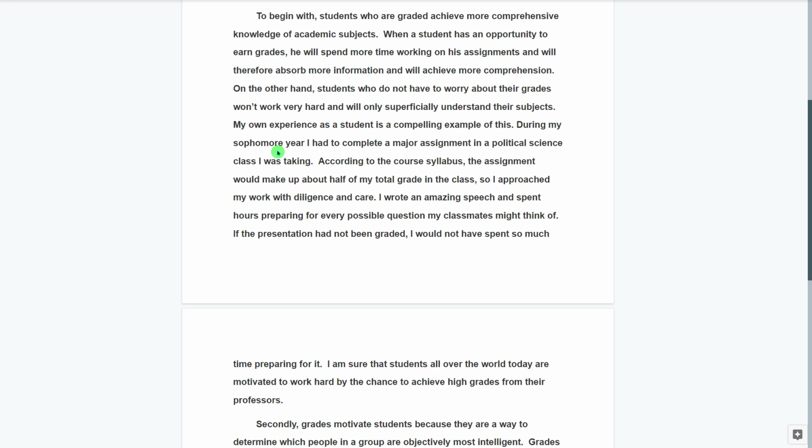I could have said during my junior year, or I could have even said in 1998, or when I was 18 years old. A phrase that states when your personal example takes place is always a very good way to begin an example. It gives your essay a lot more organization, and it makes it easier for you to tell the story.